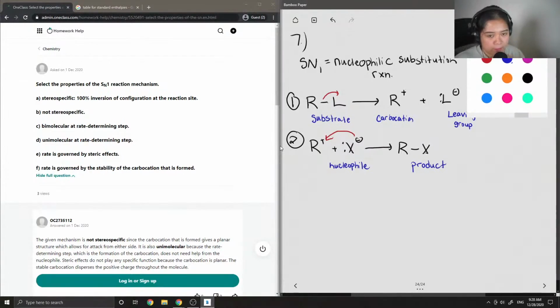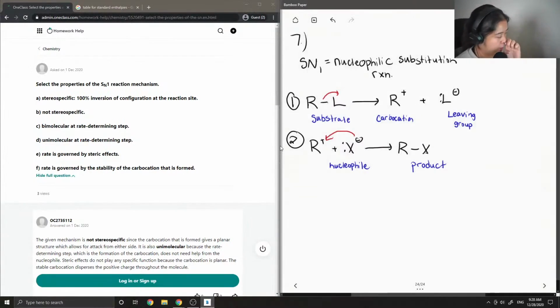Okay, so now let's go over all of the options that they give us. So is this reaction stereospecific, where there is 100% inversion of configuration at the reaction site, or is it not stereospecific?